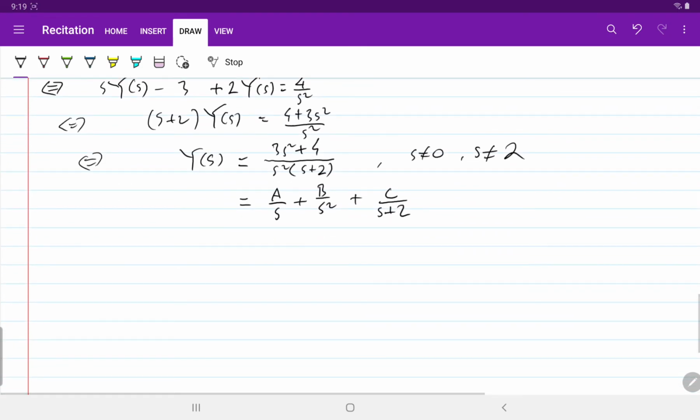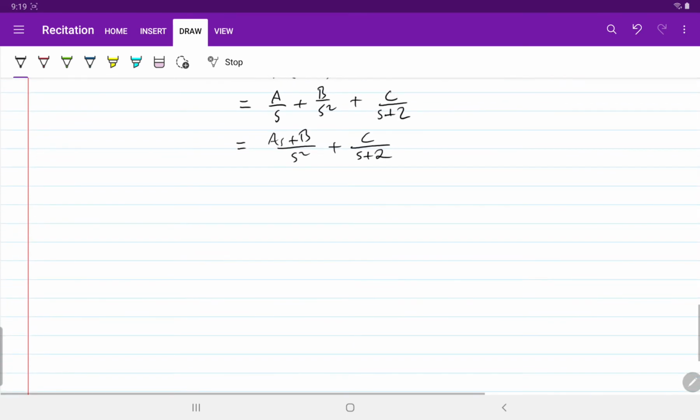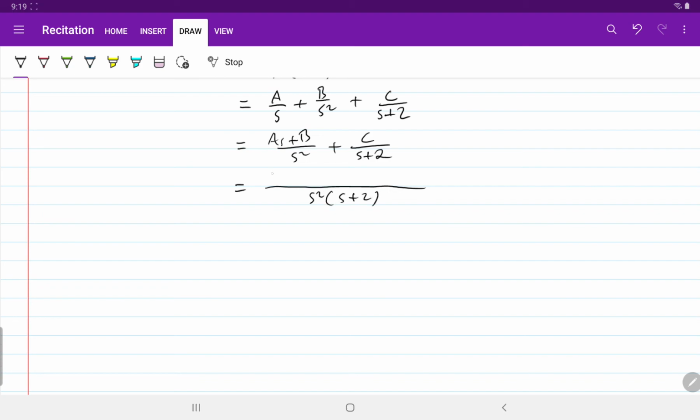So we just need to find these terms a, b, c. And then you can simplify again: over the denominator s squared times s plus 2, this is a s times s plus 2, plus b times s plus 2, plus c s squared.